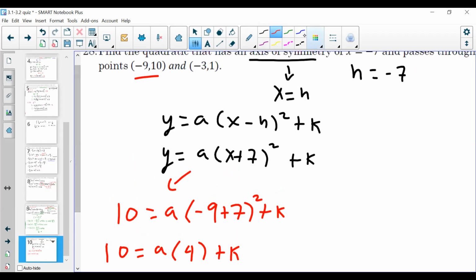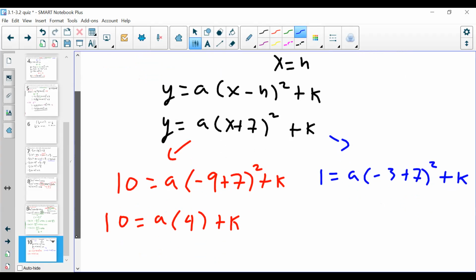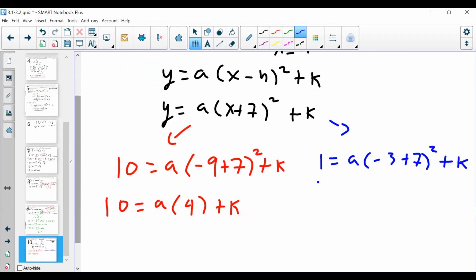And now I'm going to do the same thing for (-3, 1). So I have 1 equals some a of (-3 plus 7) all squared plus k. 1 equals a. -3 plus 7 is 4. 4 squared is 16. All plus k.